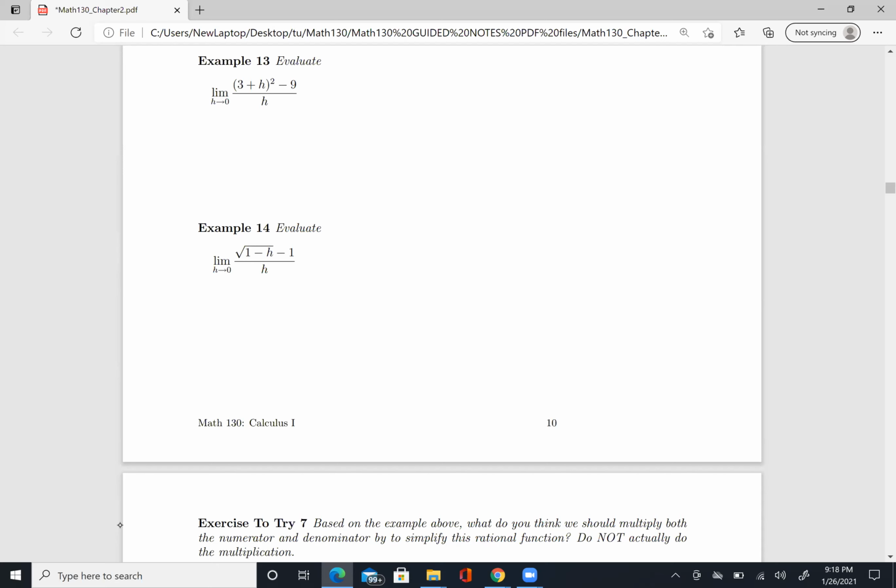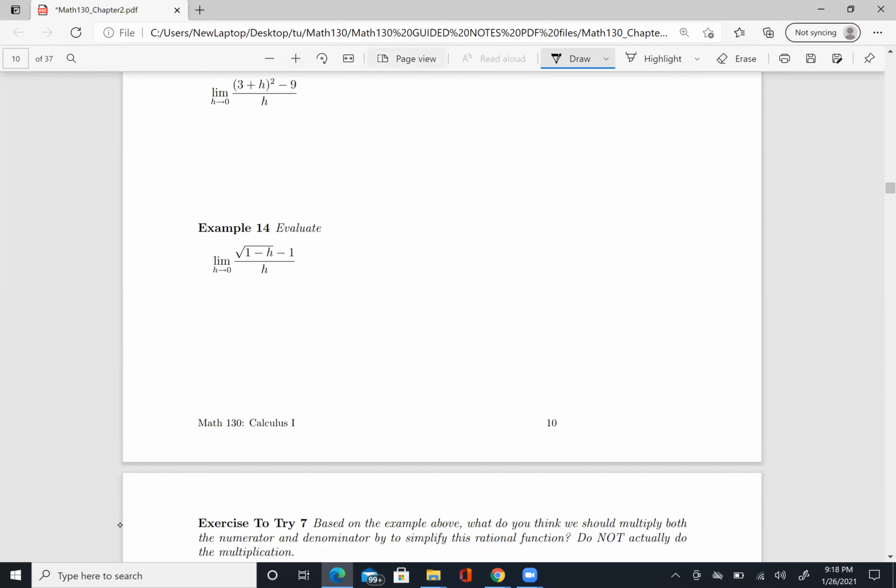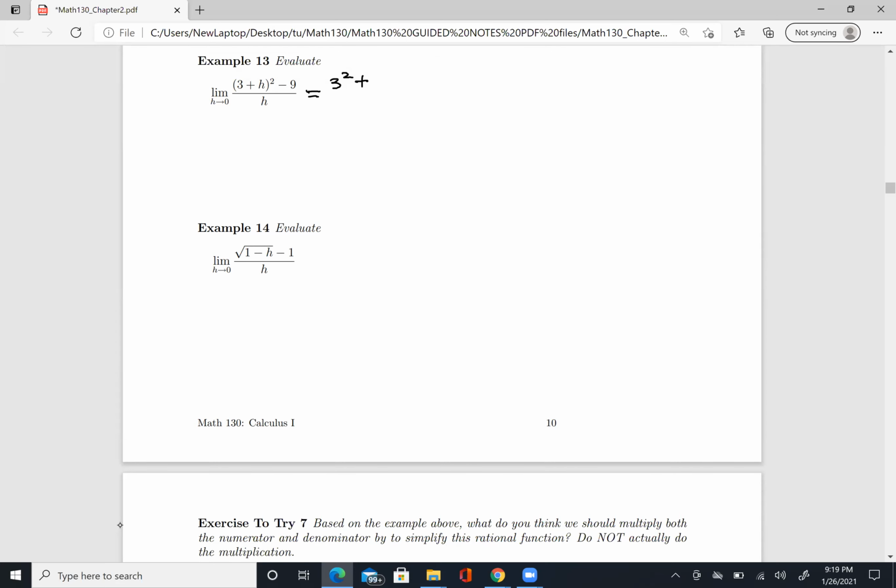Okay, so for this case, you should try to distribute the top. So you're gonna have what? 3 squared. You apply the perfect square form, right?